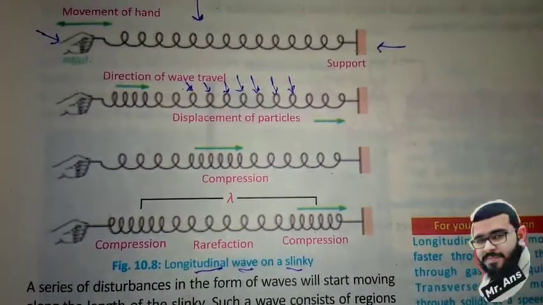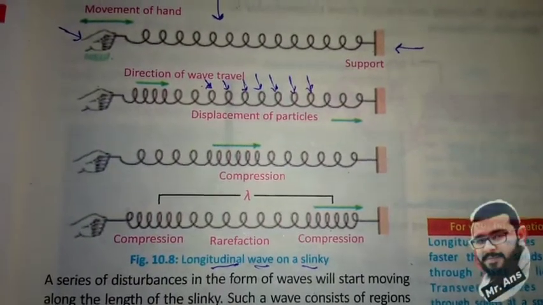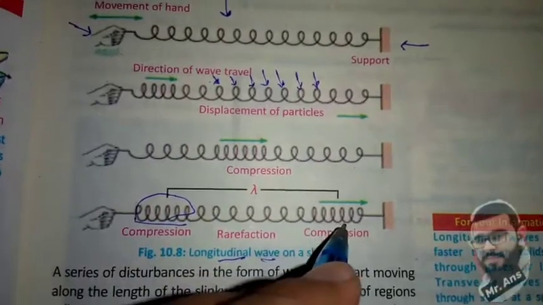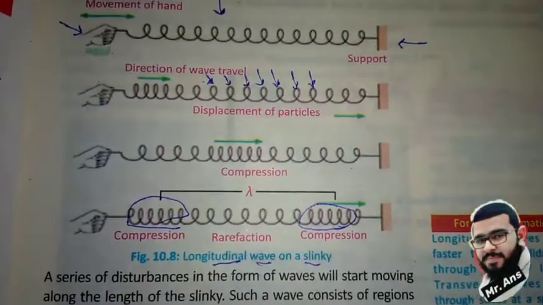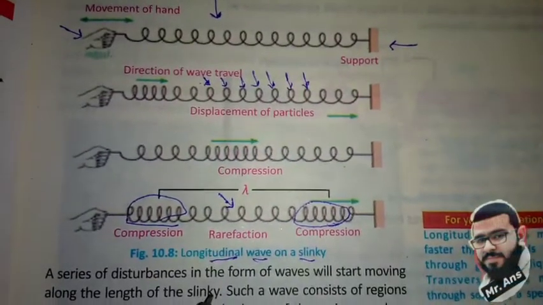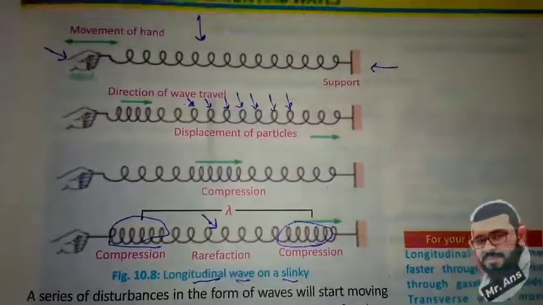This is also the second thing in longitudinal waves. And the compression: how much this part and this part are compressed, and this part is not so much compressed. Okay, so this is rarefaction.